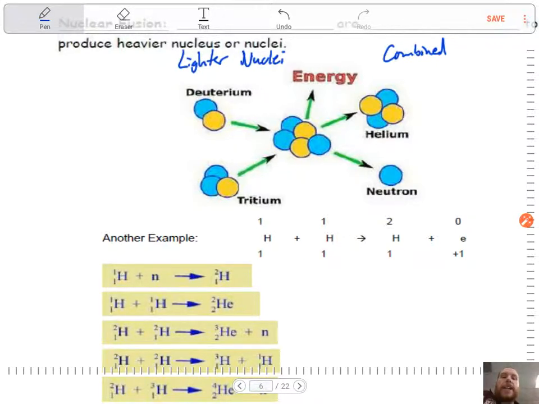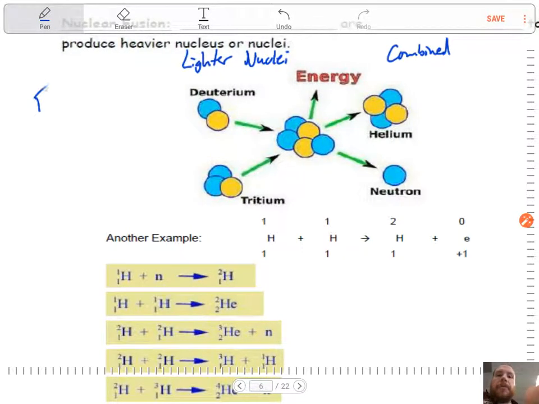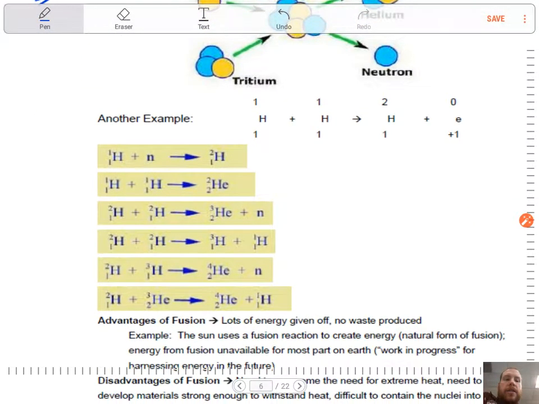So fission breaks down. Fusion, guys, you are all probably familiar with that term: fusing of two things, they're coming together to make one. So in this case, we've got deuterium and tritium. They're coming together to form this big thing, and then we get helium to pop out from it, and then a neutron, but massive amounts of energy as well. So what I have listed for you guys here are just some examples of what you could see in an actual reaction.